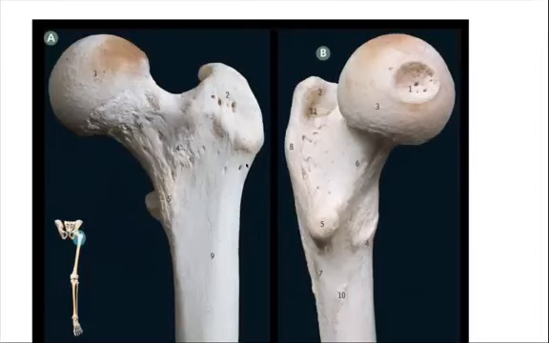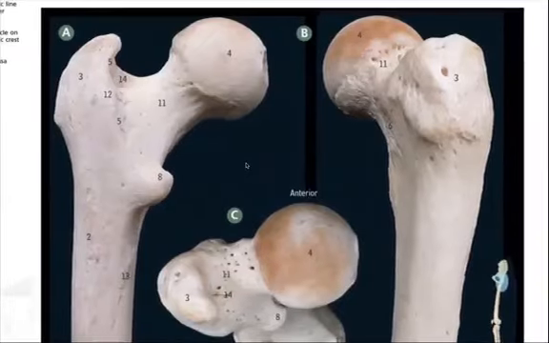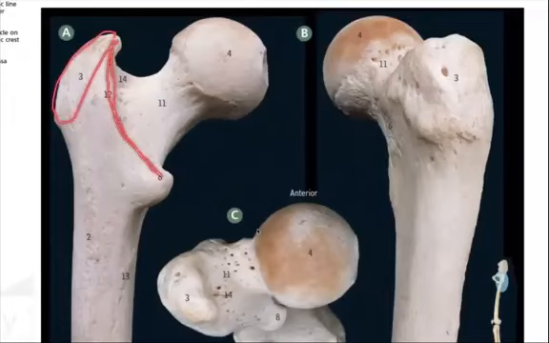But on the posterior aspect, you can see it in this picture, which is picture A. In picture A, you are seeing the left femur from the back. Number 3 is the greater trochanter, number 8 is the lesser trochanter, and number 5 is the intertrochanteric crest, joining these two trochanters.